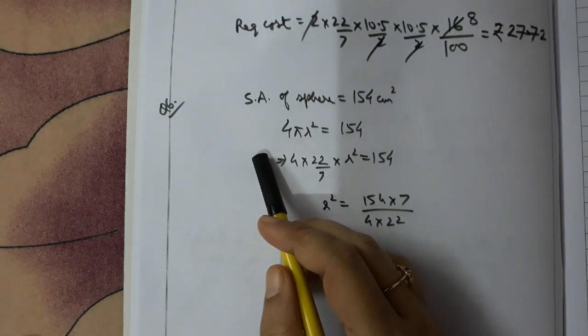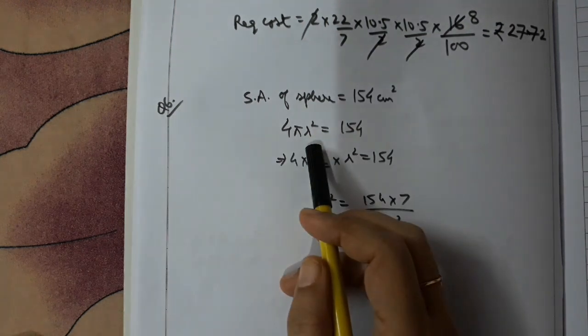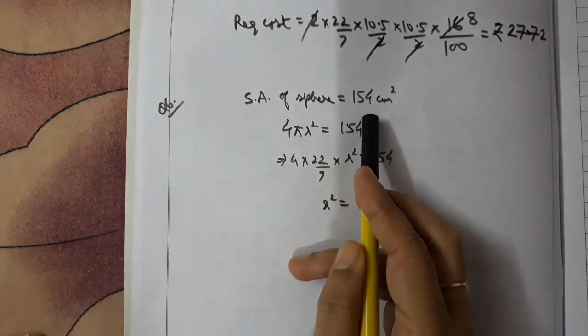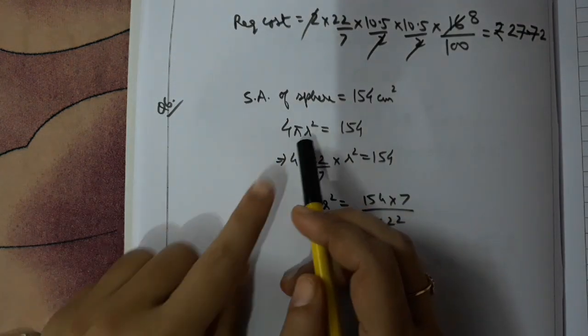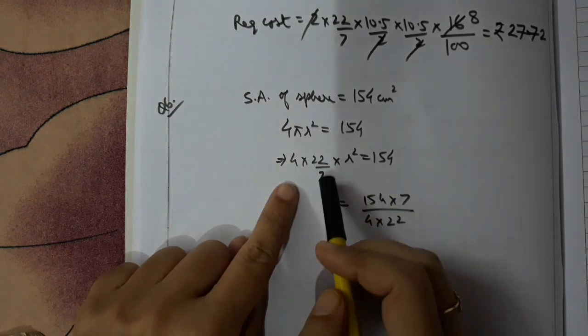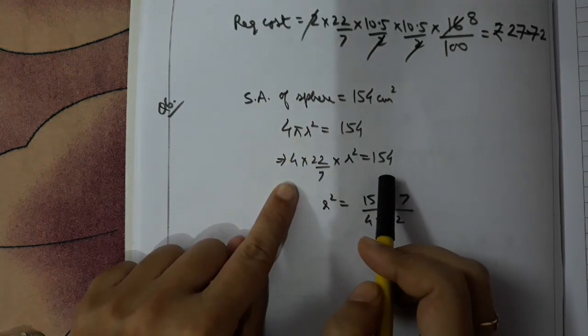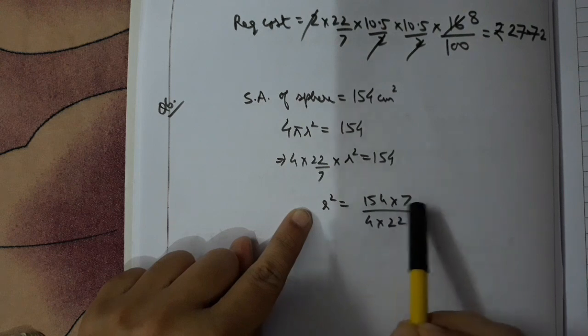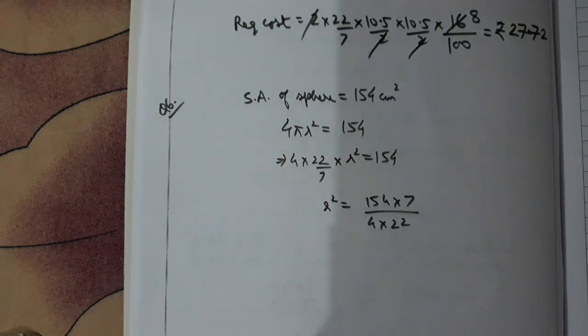Sixth question. Find the radius of a sphere whose surface area is given to us as 154 centimeters square. So we know that surface area of sphere is 4 pi r square is 154. So 4 into 22 by 7 into r square is 154. So r square we have to find out, r we have to find out. So all the remaining terms we transpose on the right hand side.